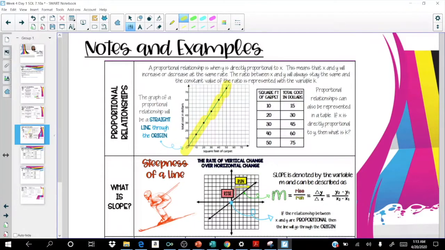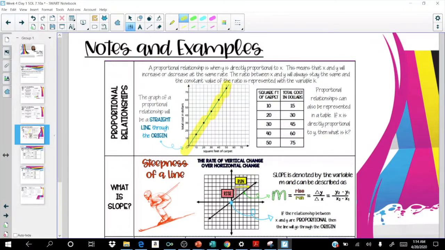So in terms of proportional relationships represented in tables, the table of a proportional relationship will have a constant rate, or constant ratio, between the X and Y values of that table.